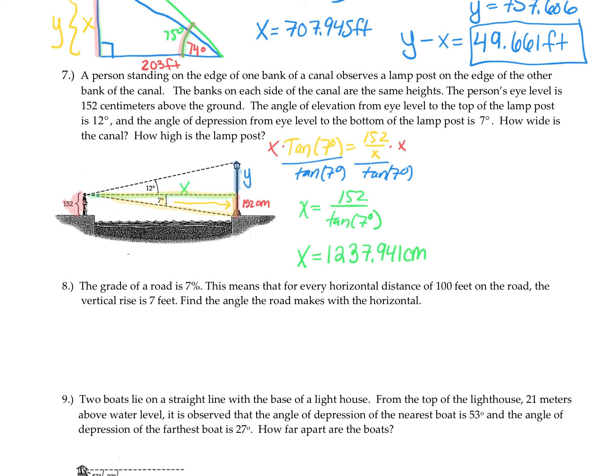Now I'm going to use x to find y. So I'm going to transition to solving this triangle with the 12 degrees. The tangent of 12 degrees would equal y over x. But now I know that x is 1237.941.